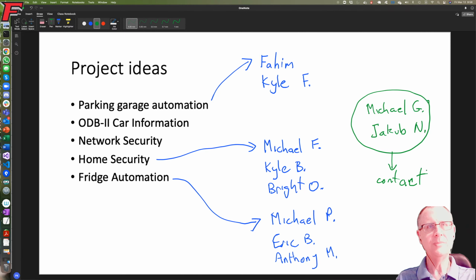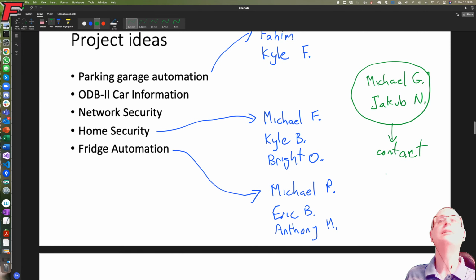So you'll be able to, if you need to, meet privately over Discord in each of those channels and share links and stuff in the appropriate chat channels. I'll do that after class today, and only the people within each project will be able to see those particular voice and chat channels. Okay, so let's move on.